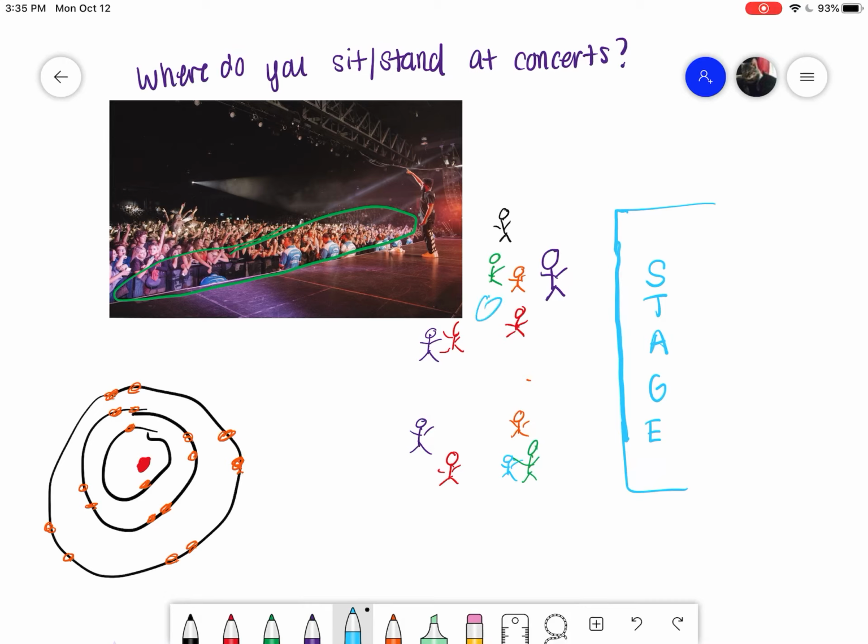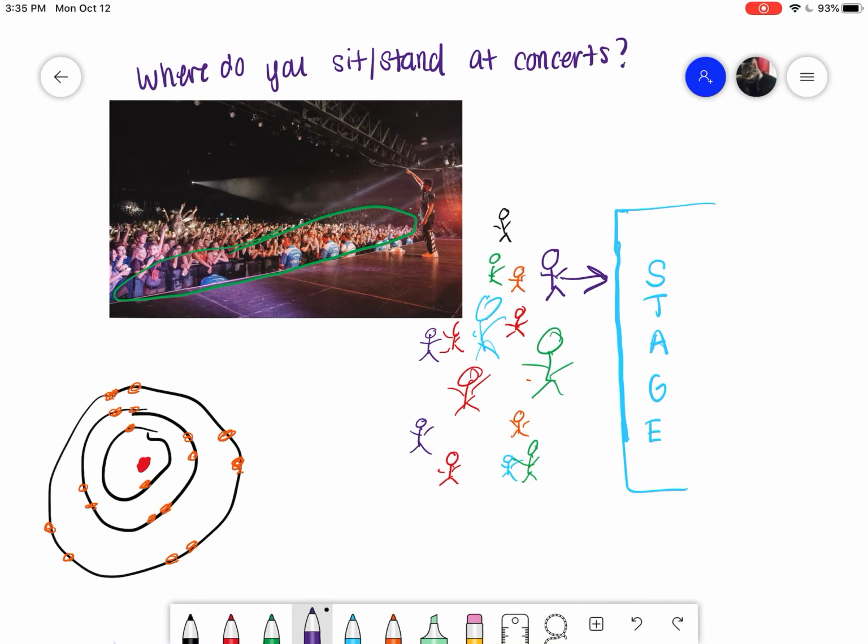When more people come and get in front of you, I usually end up moving a lot closer to the stage because I don't want people in front of me, and I want to be as close to the stage as possible. Also, as people pile in, you naturally get pushed to the front of the stage.